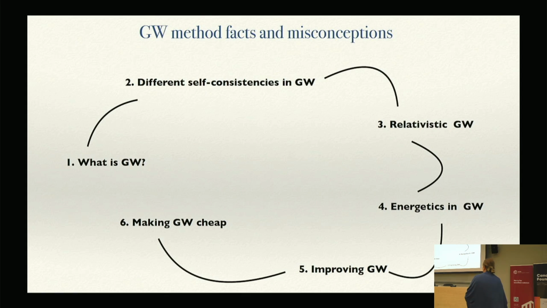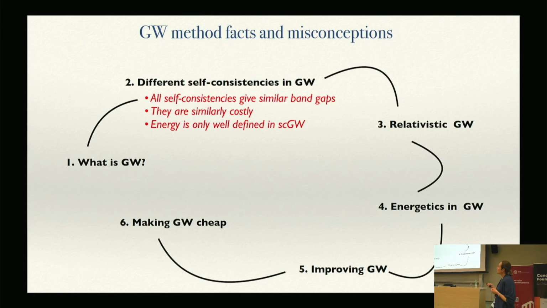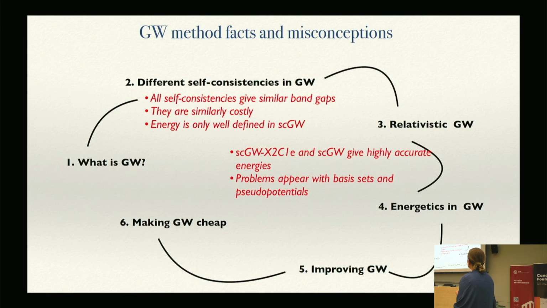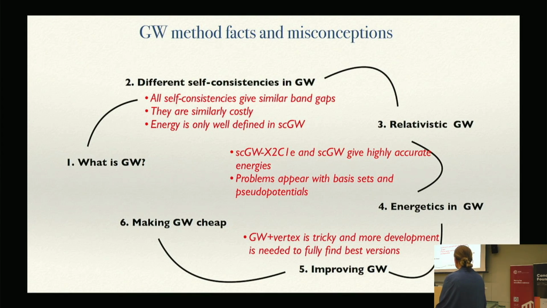So what did I tell you? I told you about all these different self-consistency schemes, that they give different band gaps, that they are similarly costly, and that the energy is only well-defined in fully self-consistent GW, not in any other schemes that people would have you believe. That in relativistic GW, one can get very highly accurate energies, but sometimes problems appear when one doesn't do relativity and only uses pseudopotentials.